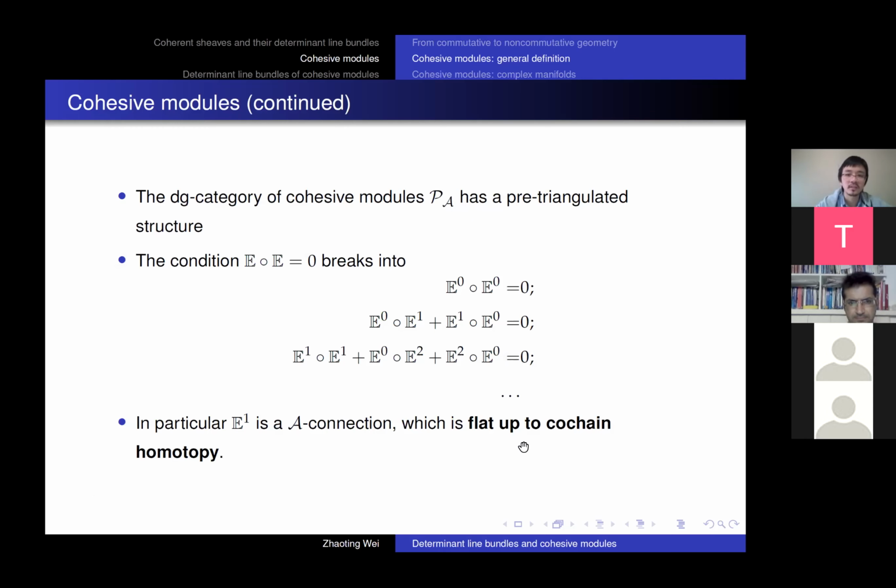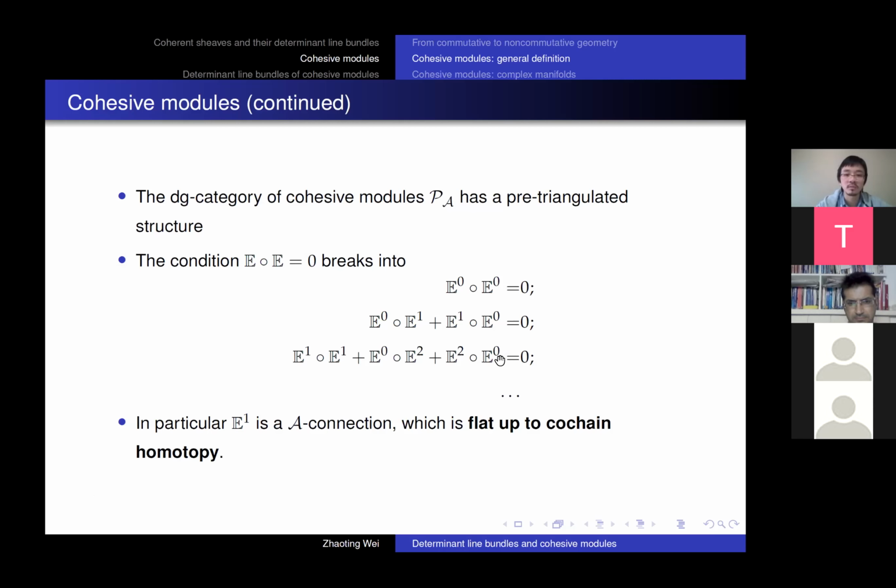Let's have a closer look at the condition E composed E equals 0. This one single equation has infinitely many components, just as E has infinitely many components. The first component is E0 composed E0 is 0. The second component is E0 composed E1 plus E1 composed E0 is 0.